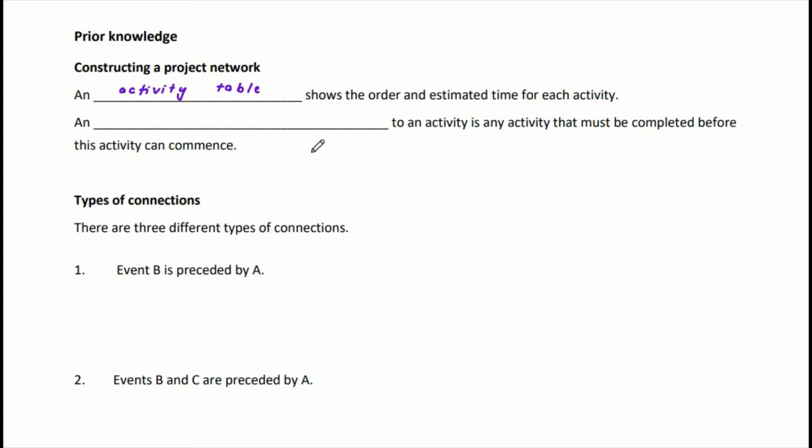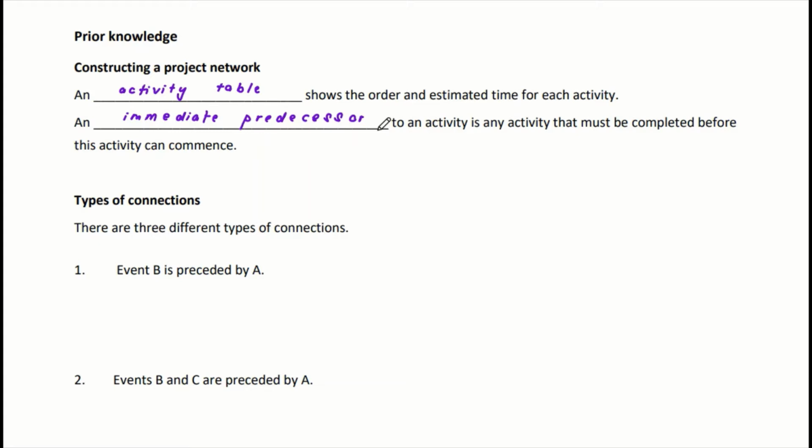Another word you will need to know is immediate predecessor. An immediate predecessor to an activity is the activity that must be completed before the next activity can be commenced.